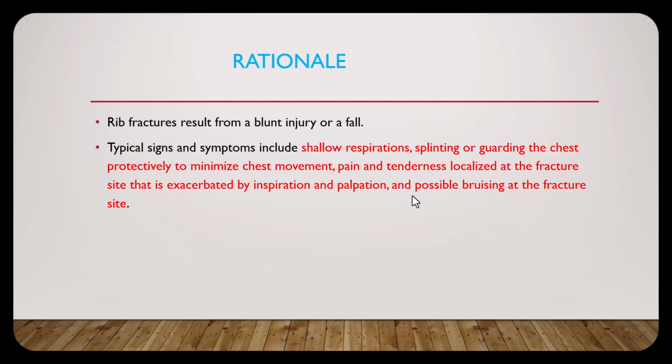Typical signs and symptoms include shallow respirations, splinting, or guarding the chest protectively to minimize chest movement, pain and tenderness localized at the fracture site that is exacerbated by inspiration and palpation, and possible bruising at the fracture site. Paradoxical respirations are seen with the flail chest.